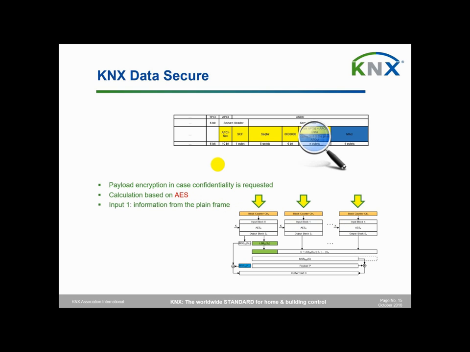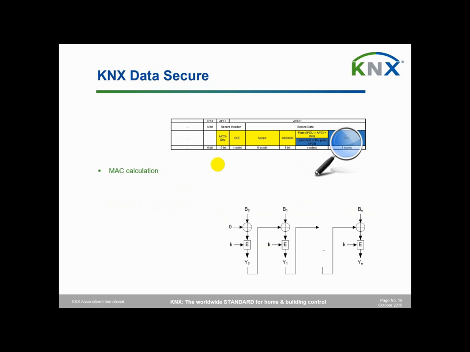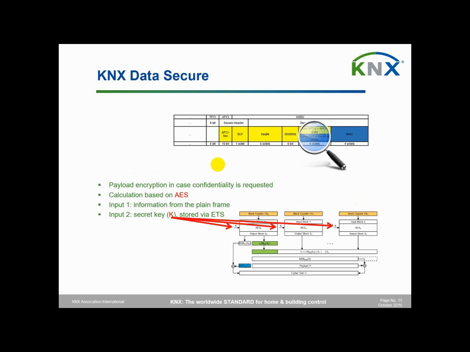First of all, the encryption takes input 1, so information from the plain service will be used. And also the other input is required here, the secret key, which is stored via ETS into this device, and this will then render the encrypted payload.